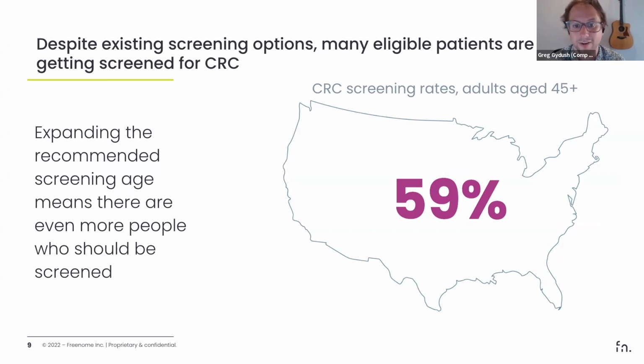And there are a variety of reasons for this, but current screening methods often involve things like colonoscopies or take-home stool tests. And not many people want colonoscopies, and not many people actually send back their stool test after receiving it, because it is kind of a fun process to do at home that may not be fun for everyone.